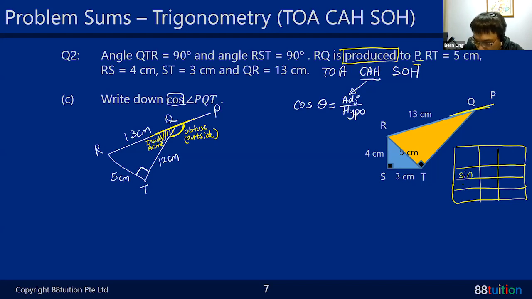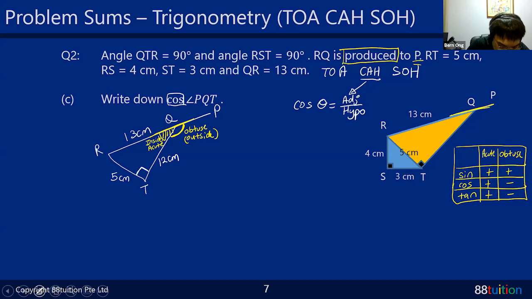For sine, cosine, and tangent, we have the acute versus the obtuse here. Sine is always positive. Cosine inside is also positive. Tangent inside is positive. Cosine and tangent outside are negative. So what happens here? The question is looking for cosine outside.